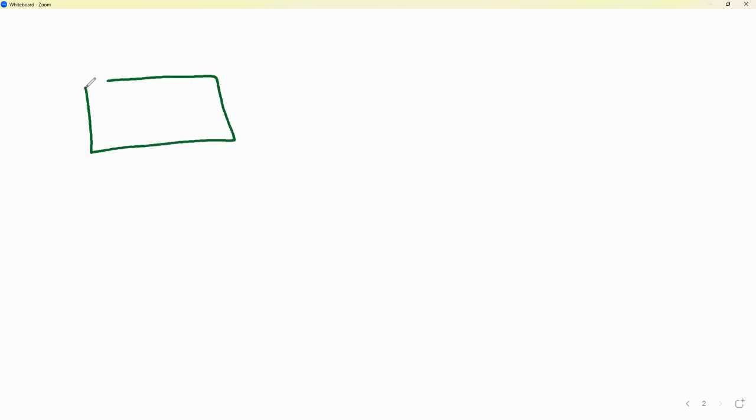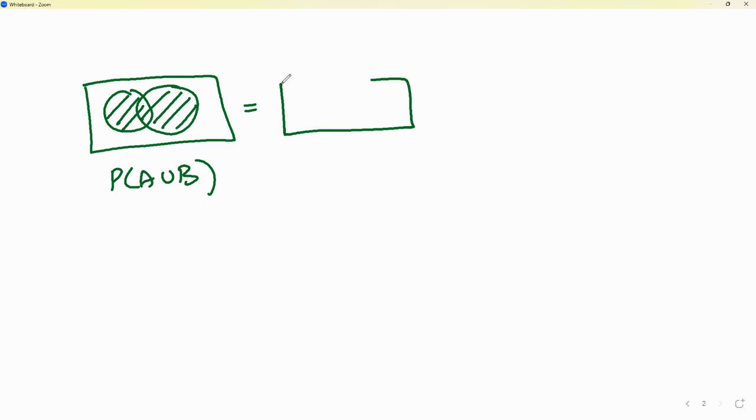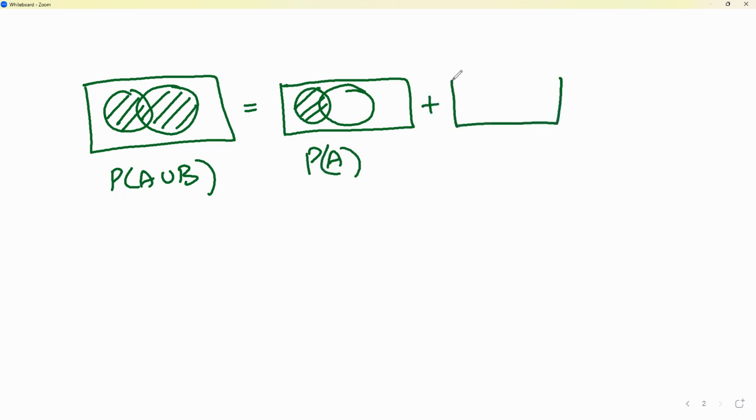If I have a diagram where I'm saying that I'm just including this part here, which is the probability of A or B, it's going to be equal to firstly the probability of A plus the probability of B.